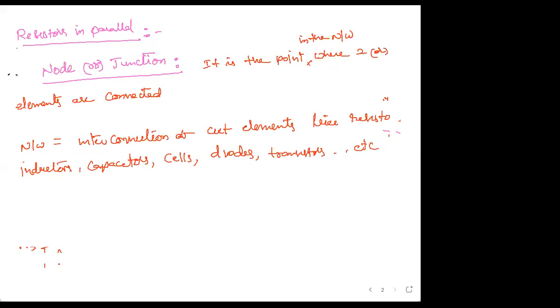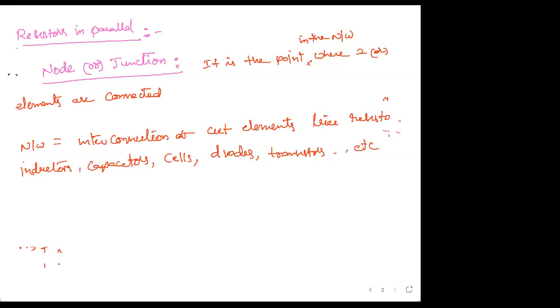So in general, it is an interconnection of circuit elements. In that interconnected network, if at any point two or more elements are connected, joined together, it is called a node.